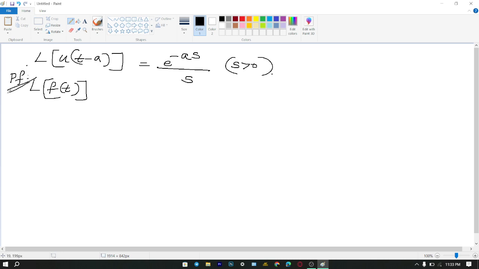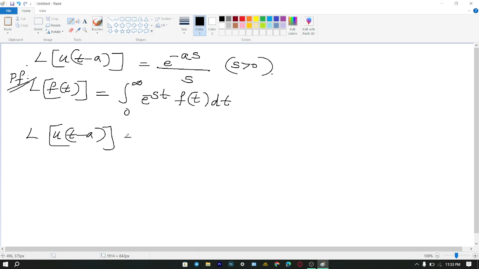We can consider the proof now. L of f of t is the integral from 0 to infinity e raised to minus st f of t dt. Now instead of f of t, we consider our unit step function u of t minus a. So this is the integral from 0 to infinity e raised to minus st u of t minus a dt.